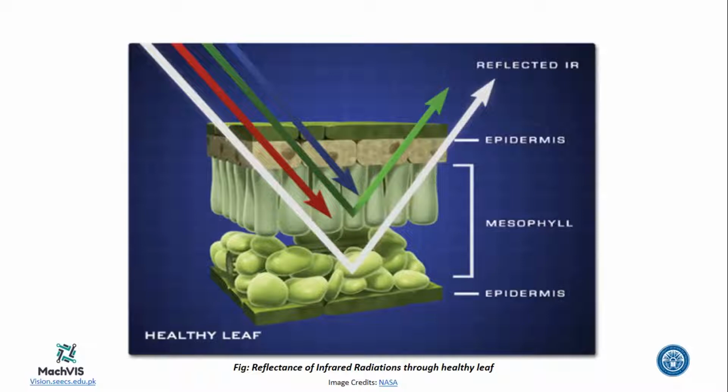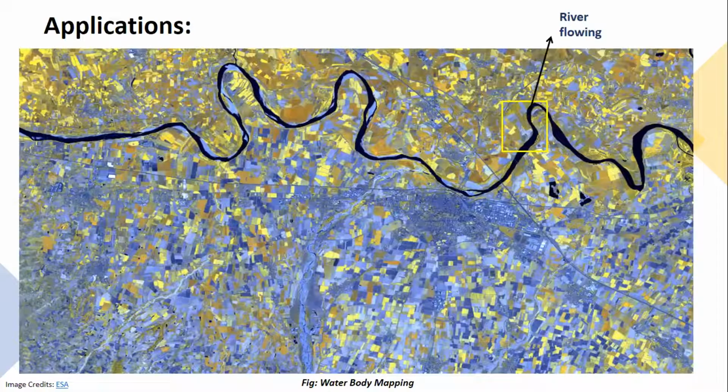So let's see this visualization in which we have incorporated the NIR band, and you can see we can easily segment out the region where there is no reflectance, which highly represents that there is water.